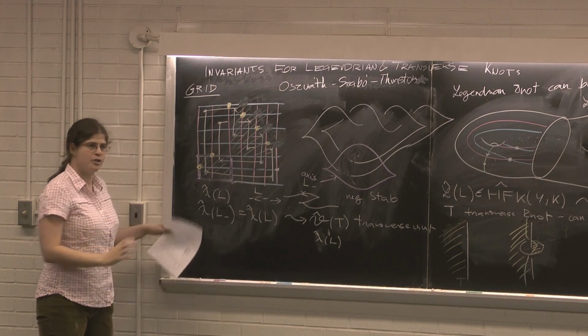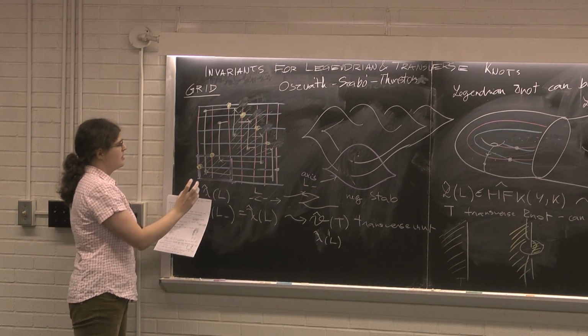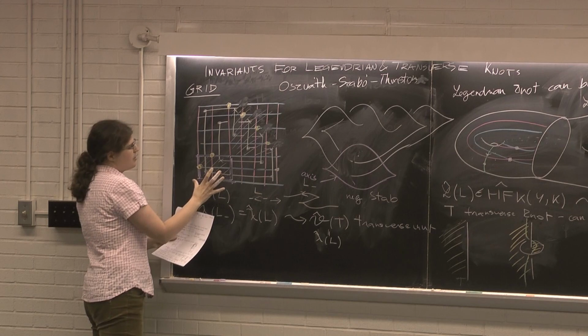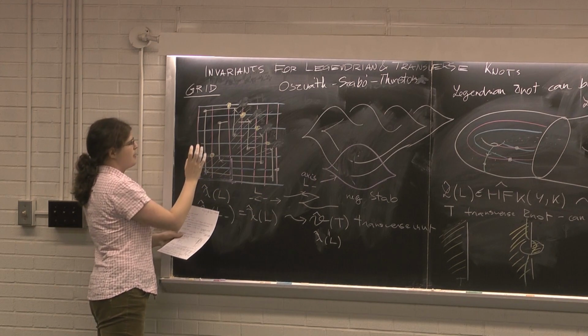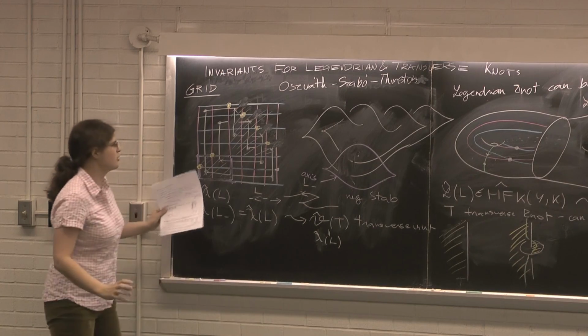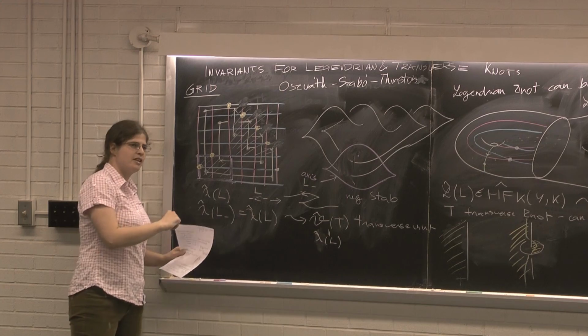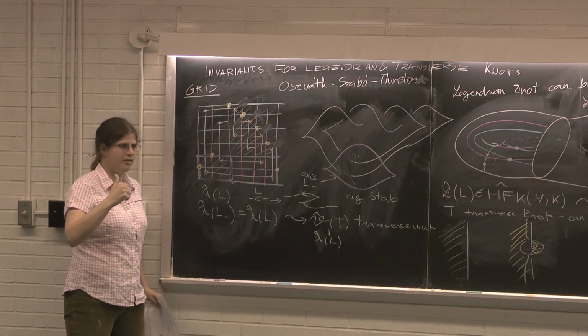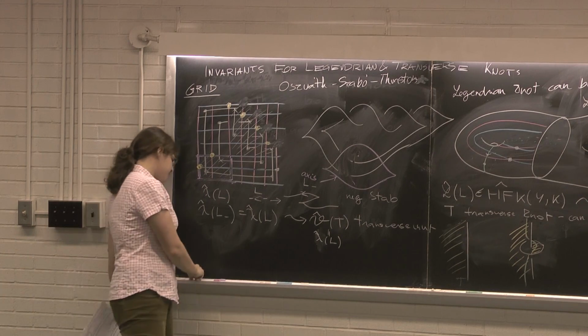So that's one observation about the grid invariant, that this lies in the bottommost Alexander grading. Well, I said something not completely true: only the topmost grading of this bottommost Alexander grading is going to be generated by one element, and I'm going to take that element, and that's going to be this one.